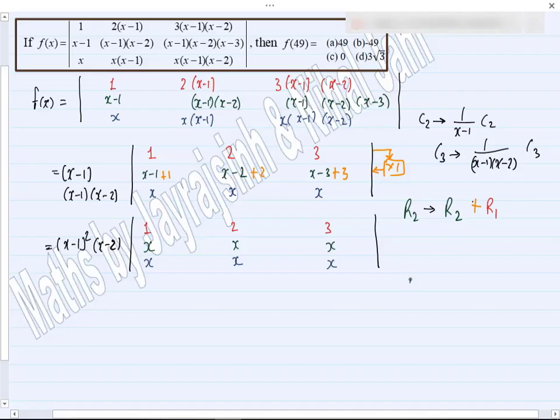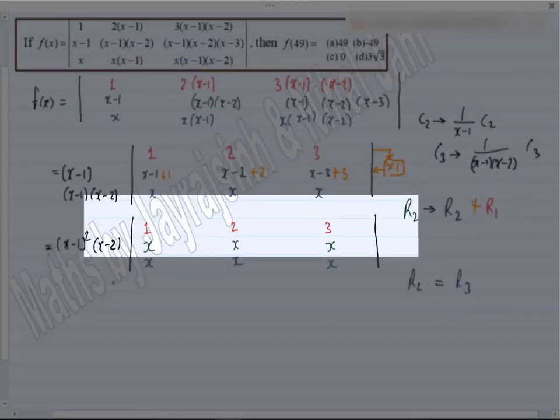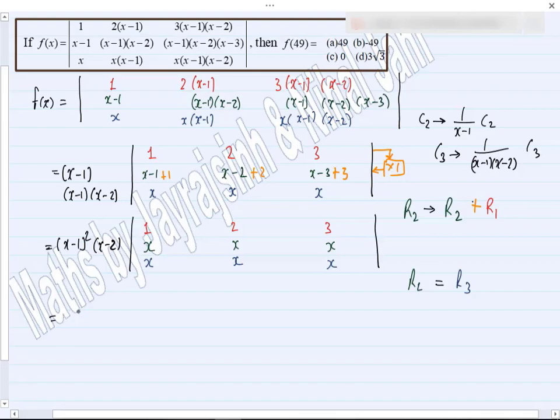And in this determinant, our second row is same as our third row. So we can say the value of determinant is 0. So for any value of x, our f of x will be 0, and f of 49 will also equal to 0. So tada! Option C is your final answer.